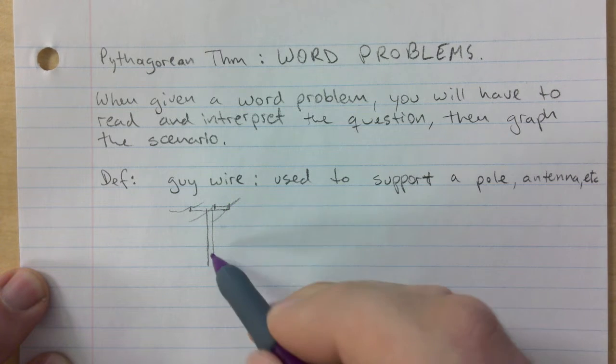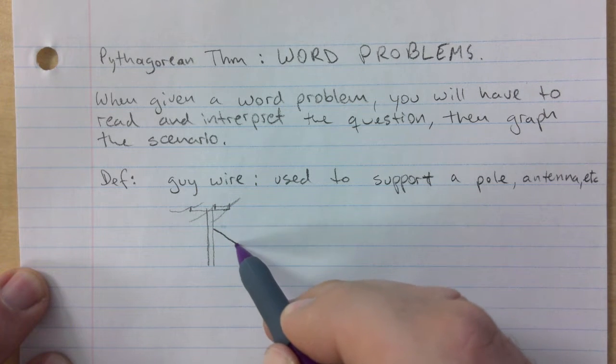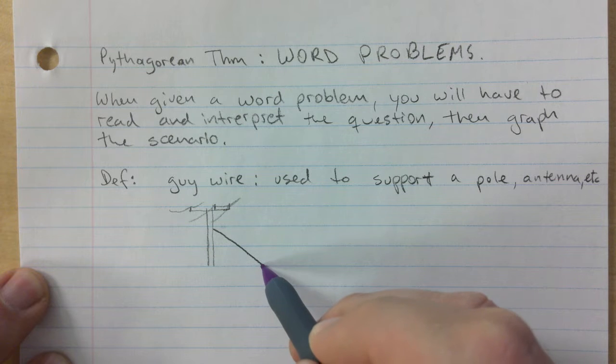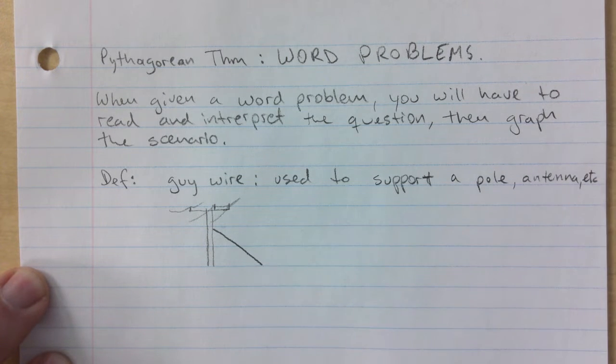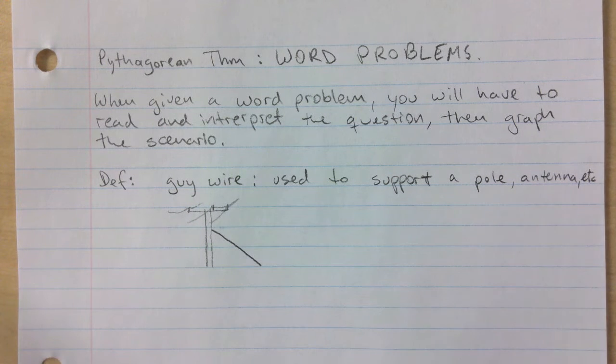Have you ever noticed that there's a wire like this anchored to the ground? Have you ever noticed that they have a yellow tube around it to prevent you from running into it?